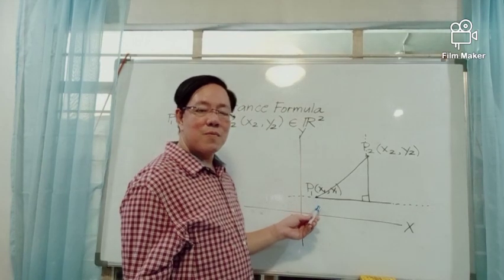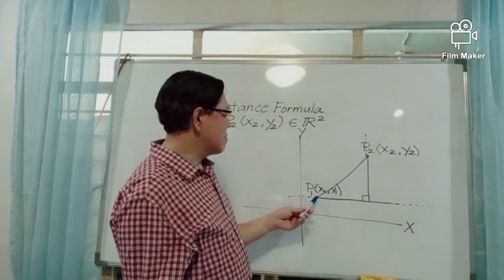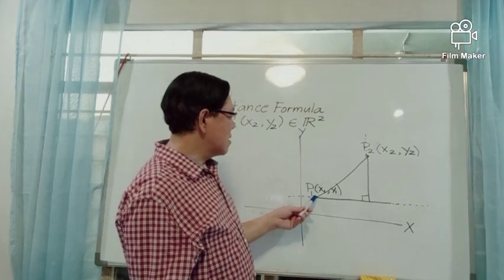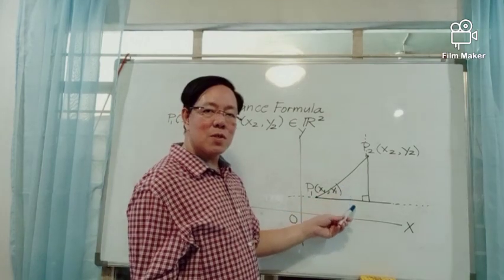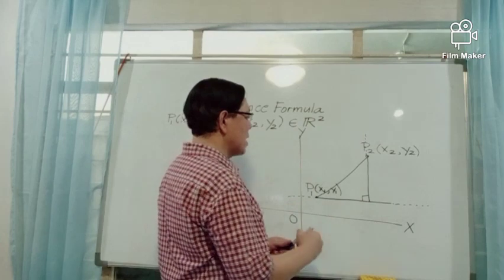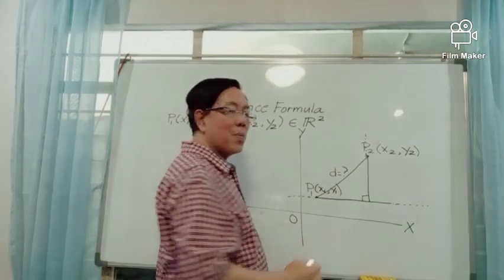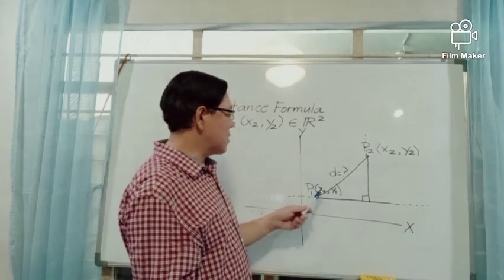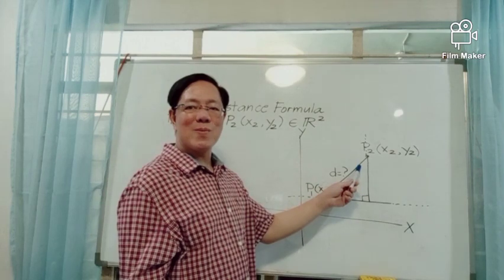You can see we have drawn a right triangle, and from this right triangle you can see that the distance between P1 and P2 is actually the hypotenuse of this right triangle, and we denote this hypotenuse by D, and we want to find the value of D, the hypotenuse of this right triangle, which will give the distance between the points P1 and P2.